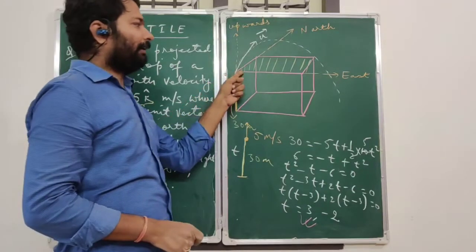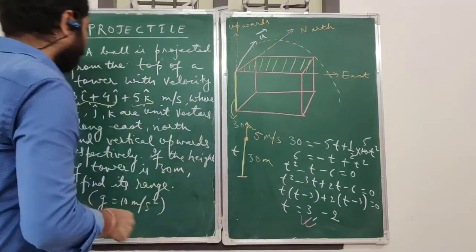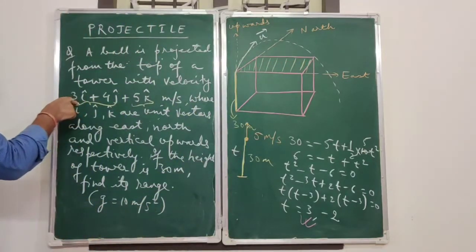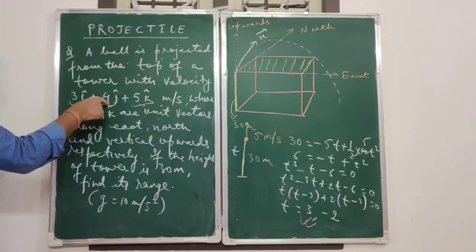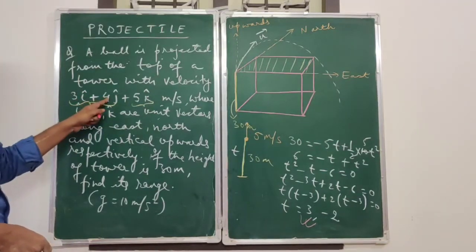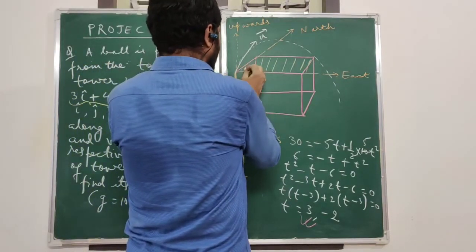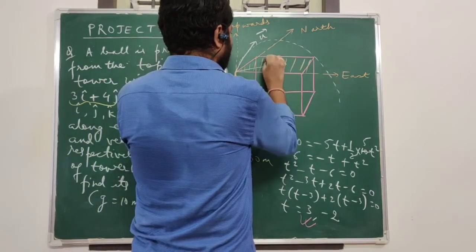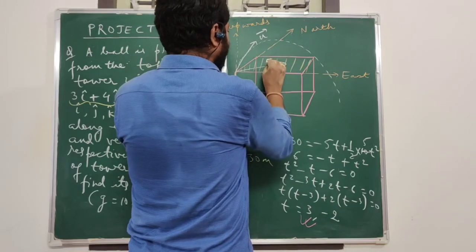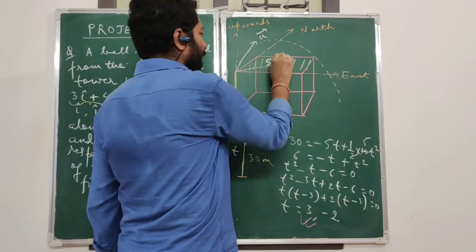Now what is its velocity in the horizontal plane? 3i cap plus 4j cap. What is the magnitude? Under root of 3 square plus 4 square, which is 5. So that means in this direction, the magnitude of this velocity is 5 meter per second.